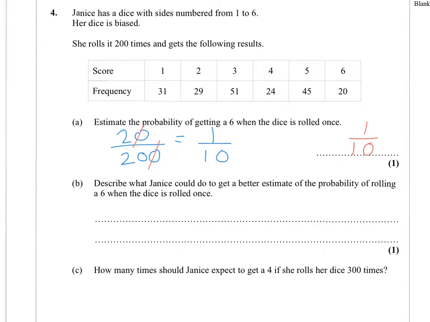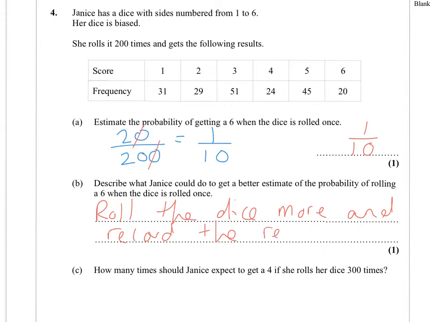So quite simply, if you see a question like that, just say roll the dice more and record the results. You might have said something like repeat the experiment more times. That's fine. It's 1 mark, as long as we're saying the more times we do it, the better our estimate of the probability.